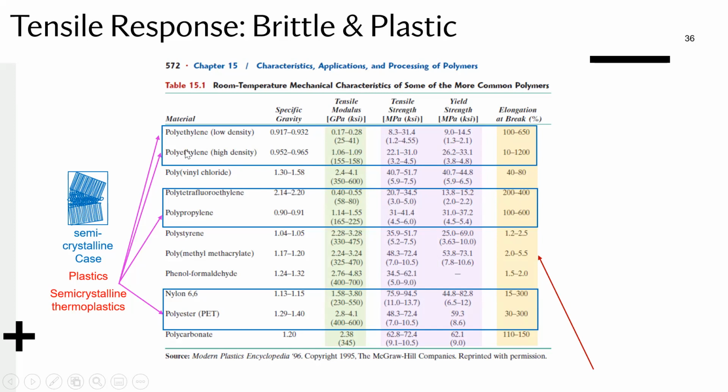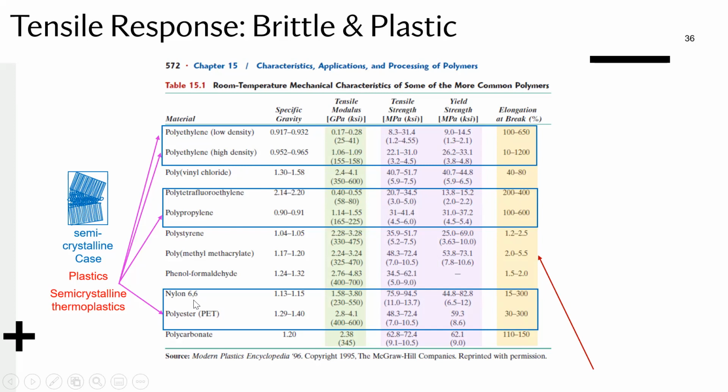And they have the majority of these polymers of this type. So polyethylene, both low density and high density, PTFE, polypropylene, polyester, nylon, these are all thermoplastics that are semi-crystalline. So they have this plastic behavior.